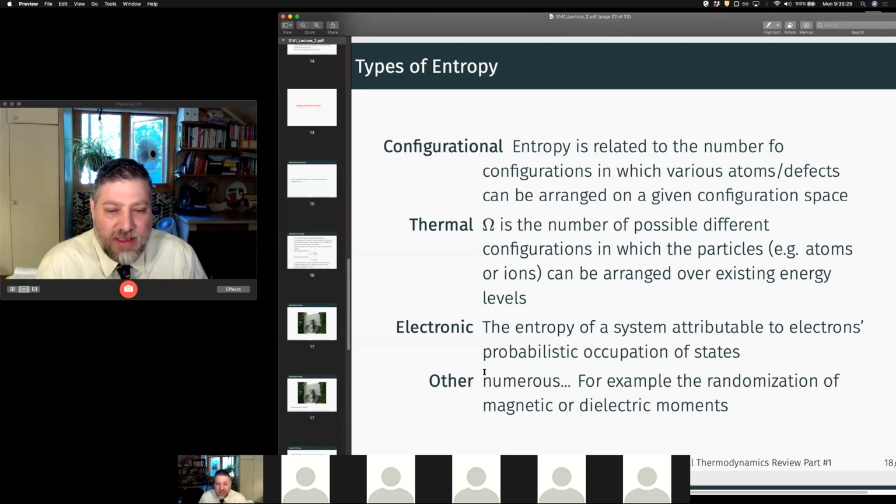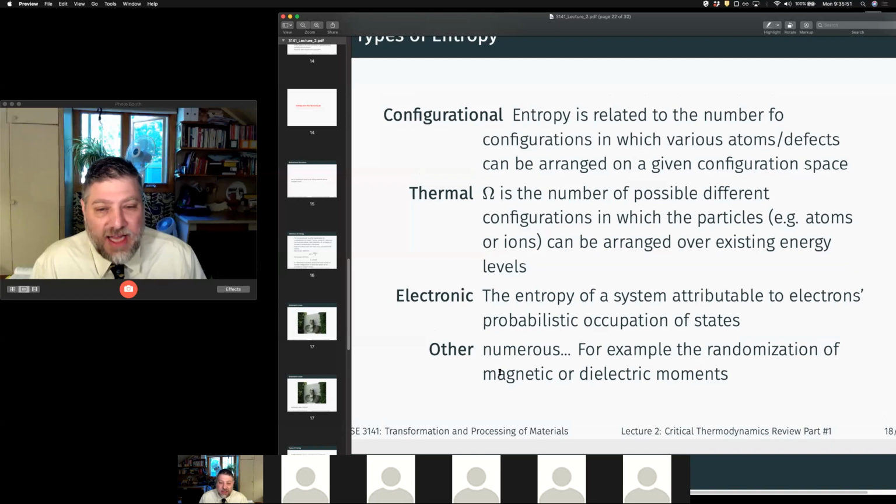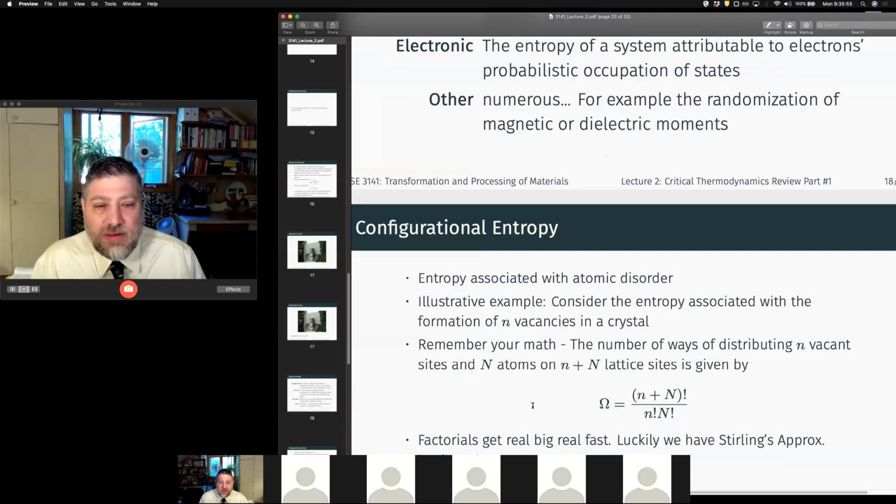So when we think about things like spin glasses and other exotic states of matter, some of those states of matter have to do with quantum or electronic entropy, others have to do with magnetic and other types. So this is very much related to the phase transformation problem.